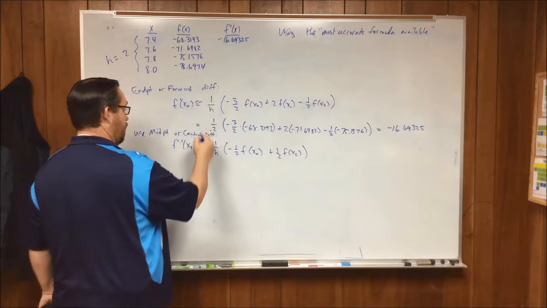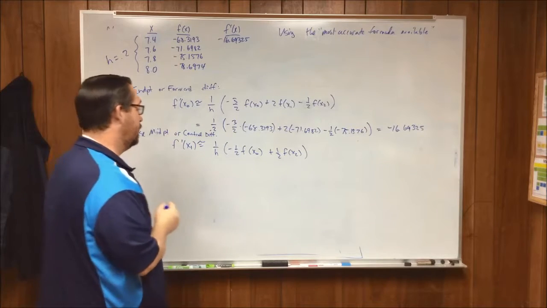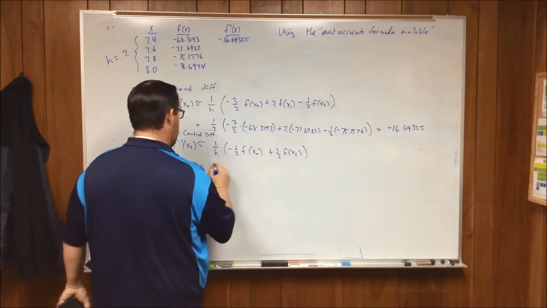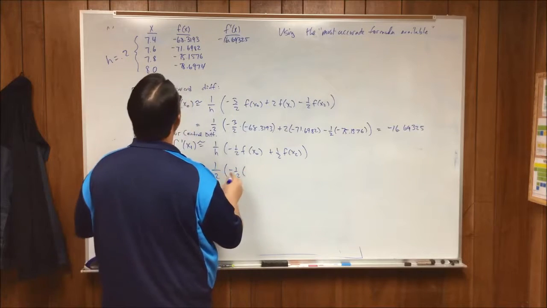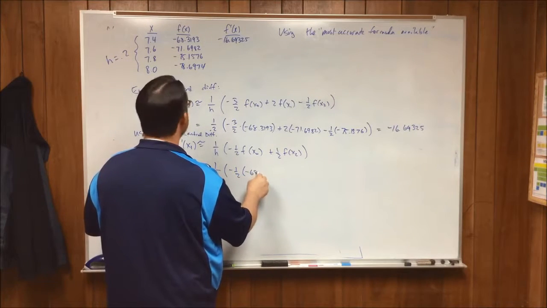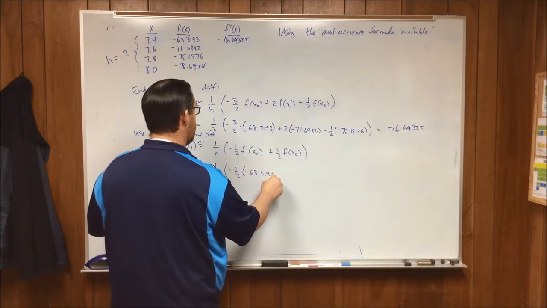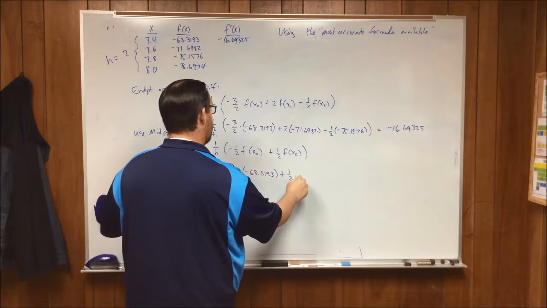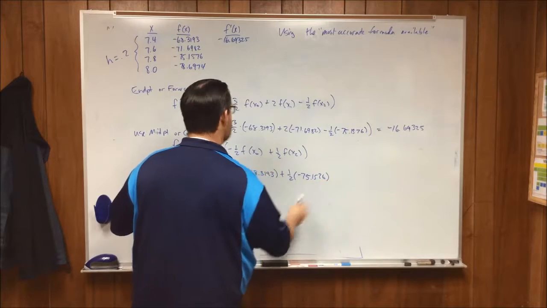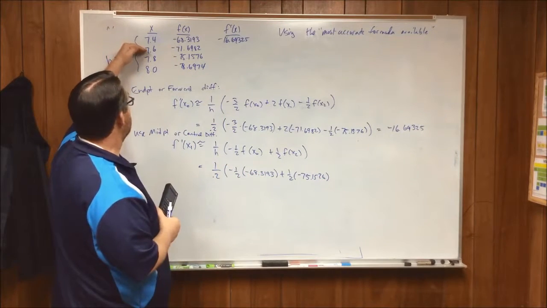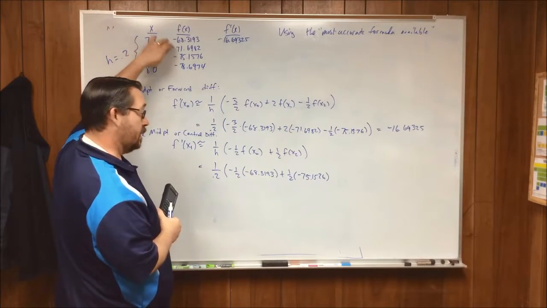Okay, these are approximations, to be clear about that. So that gives me 1 over 0.2 times negative 1 half at negative 68.3193 plus 1 half times negative 75.1576. Okay, so we're using the point before it and the point after it.